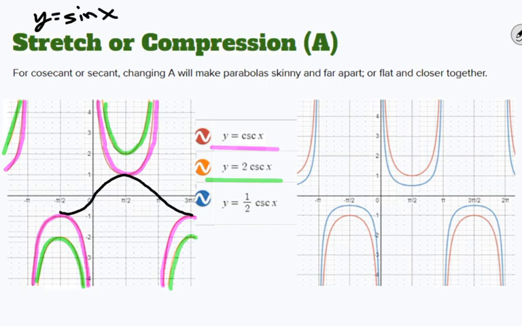So I even draw in sine sometimes just to bring up what's happening. That would be the sine wave. Now that it's y equals 2 times cosecant, how does that relate to y equals 2 sine x? Well, that would be like this.